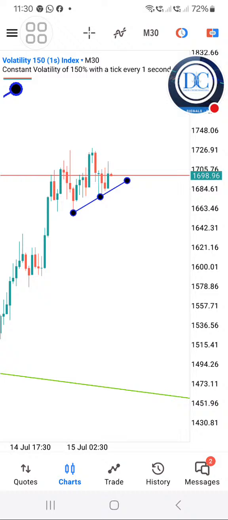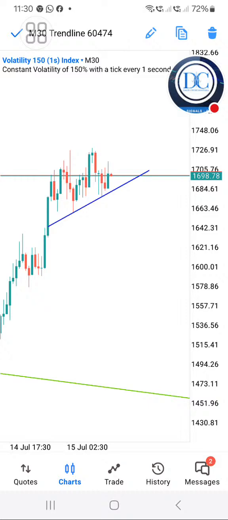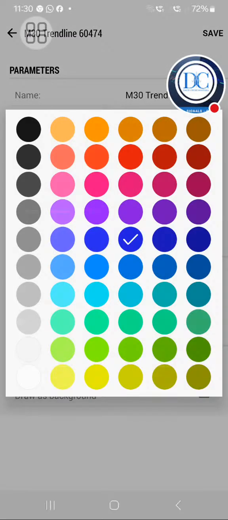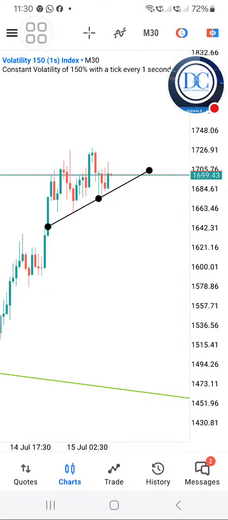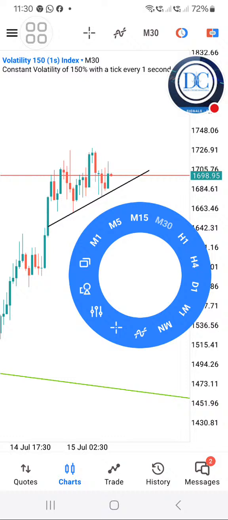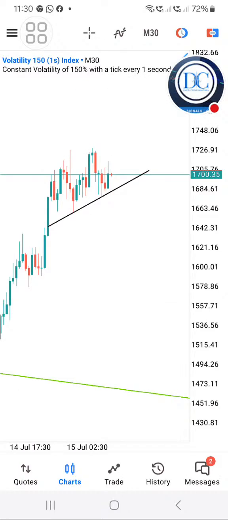I will mark this low and I'll mark this low, and I'll also try to look for two highs that will help me to draw a trend line.